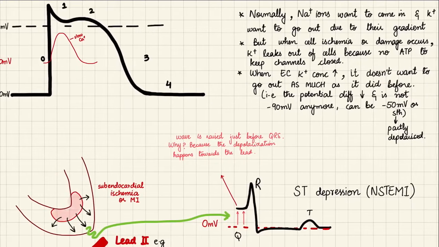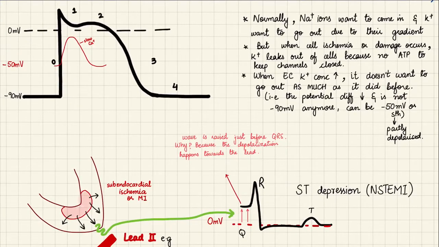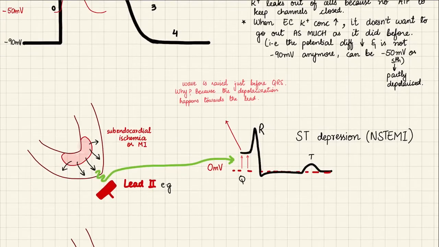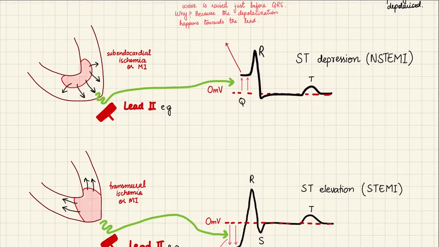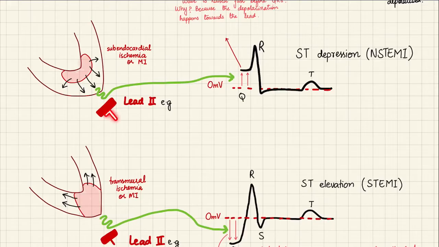Now, in the ECG leads, for example lead 2, which is placed here towards the apex of the heart, this lead is going to detect the electrical activity that is going towards it. We know that in ECG, when there is depolarization towards a lead, there is a positive deflection.